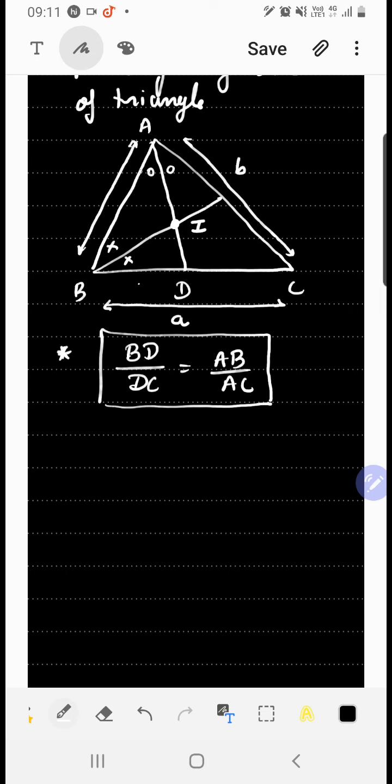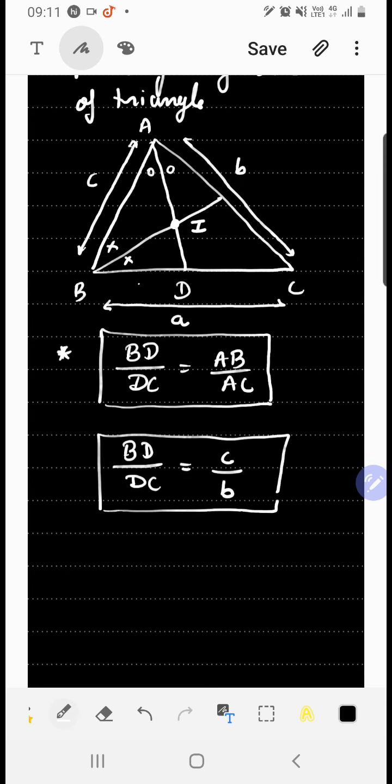This is the standard notation which we use. So can I say BD upon DC is equal to C by B? This is the property first of all you should remember.